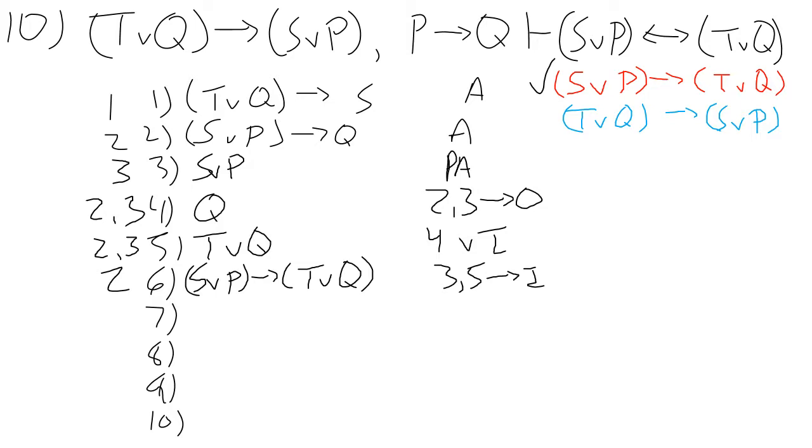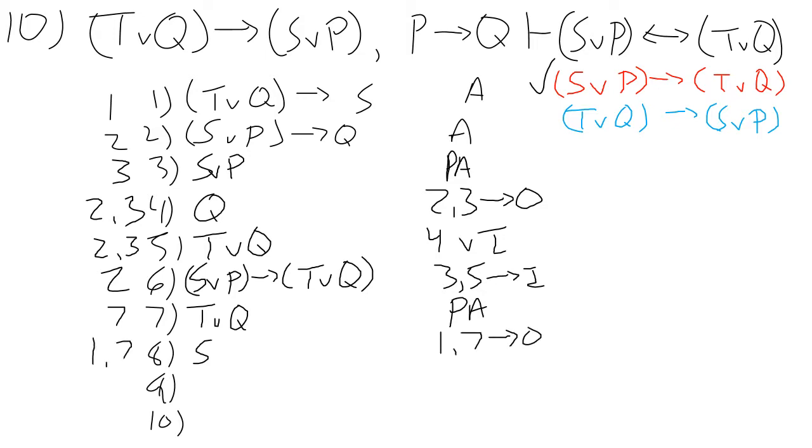Now we need to get the other one, so we would assume T or Q as a PA. We can toss that into our first line to get S. And so we can get S from 1 and 7, arrow out.